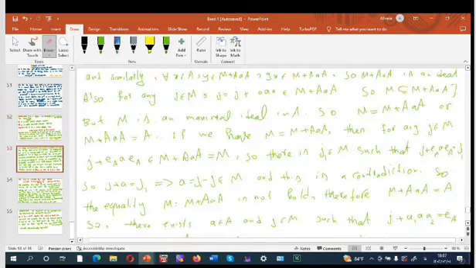So we don't have this because we want a left ideal, not an ideal. Okay, and we can remove this line.